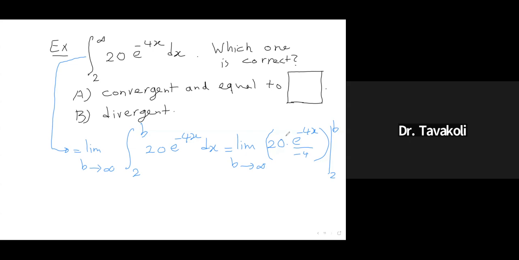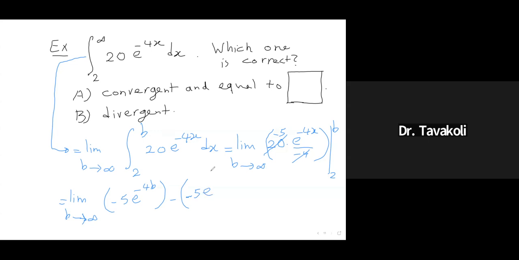20 over minus 4 is negative 5. So I will have the limit as b tends to infinity. This function at b is minus 5 e to minus 4b, minus this function evaluated at 2: minus 5 e to the power of what?